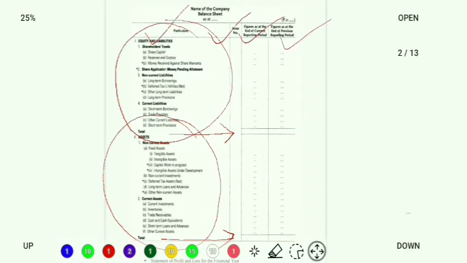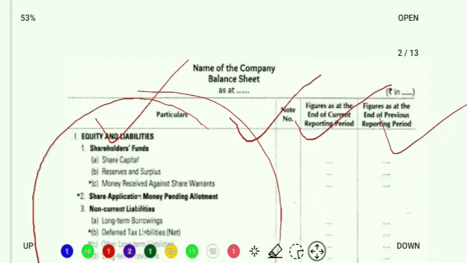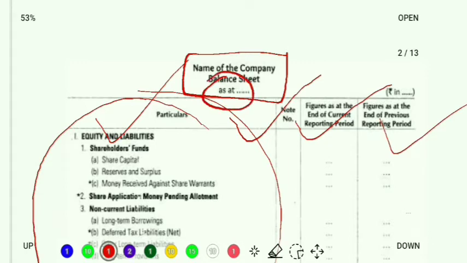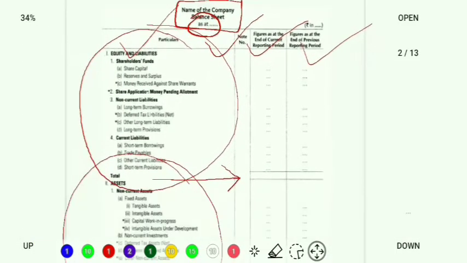Now if we have a look at the upper part, how is it shown? We write down the name of the company, then we write balance sheet as at 31st March 2021. Okay, whatever be my closing date, I have to use the words as at, and then I will write down the closing date. So this was an overall format just to give you a look.